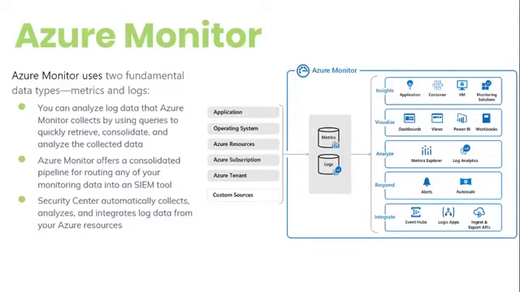All data that Azure Monitor collects fits into one of two fundamental types: metrics or logs. Metrics are numerical values that describe aspects of a system at a point in time. They are lightweight and capable of supporting near real-time scenarios. Logs contain different kinds of data organized into records with a different set of properties for each type.